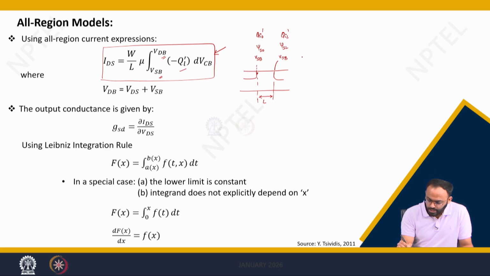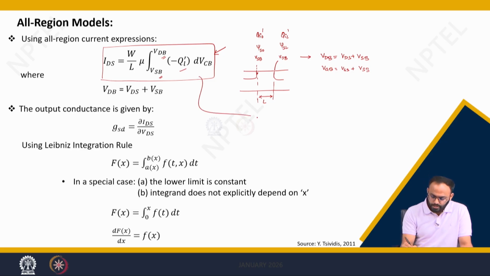In addition, we know that if we change the reference from body reference to source reference, we can simply define VDB equals VDS plus VSB and VGB equals VGS plus VSB.